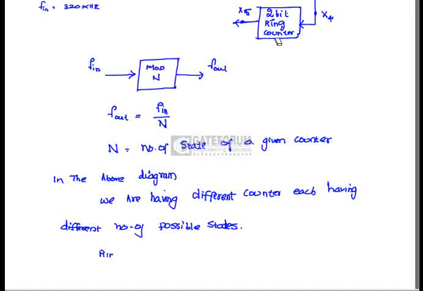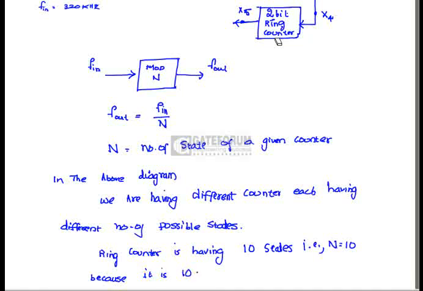The ring counter is having ten states. That means n equals 10, because it is a 10-bit ring counter.